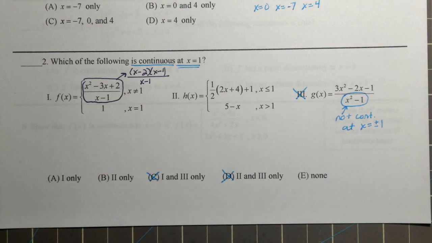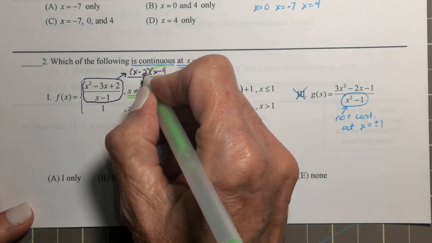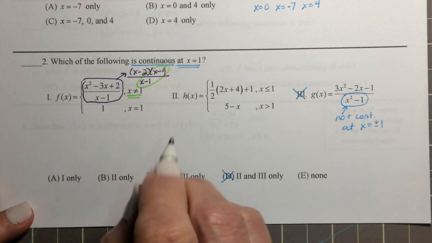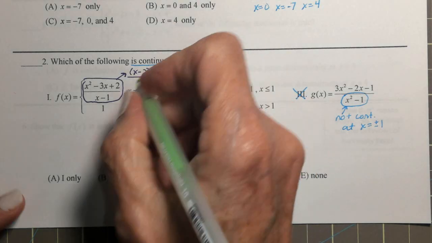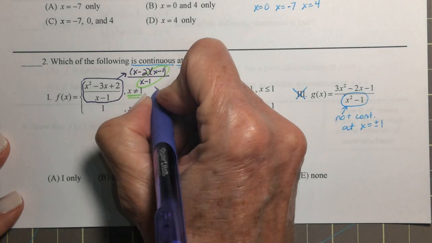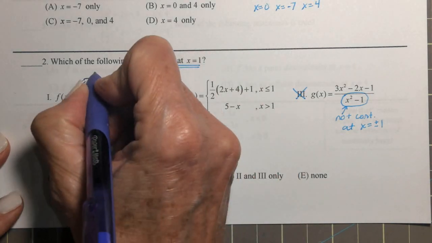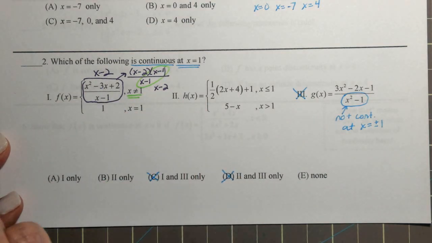And since, and only since, x is not equal to 1, I can reduce these, so this becomes just x minus 2. So it's like there's an x minus 2 sitting here instead of this rational function.